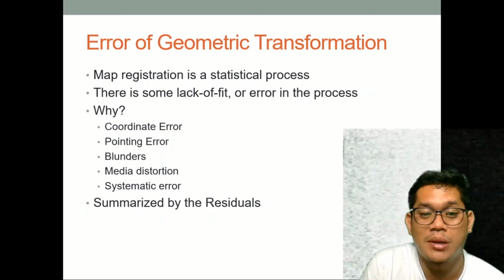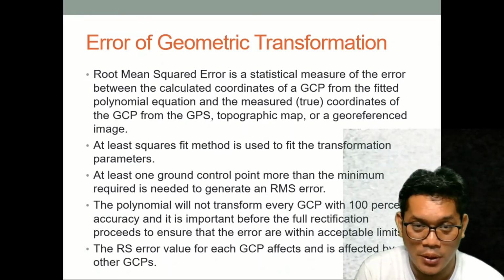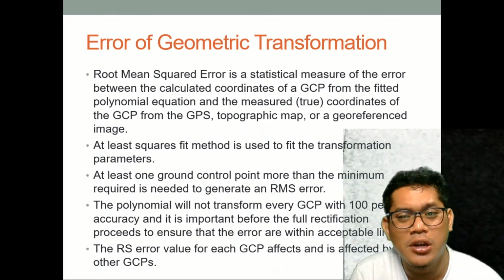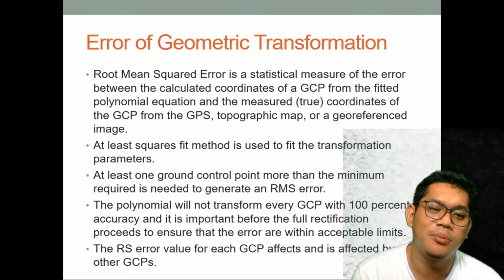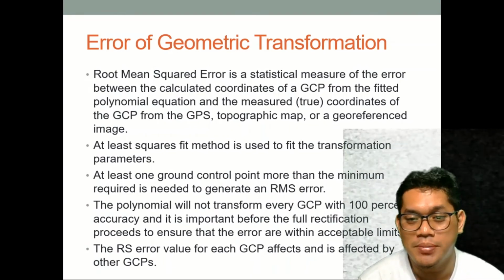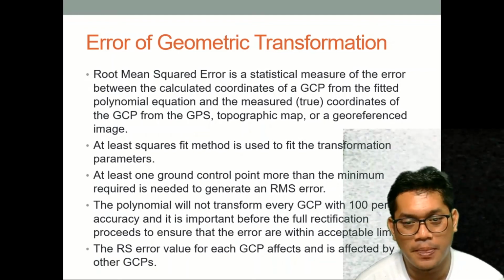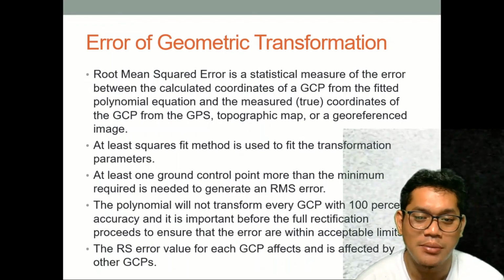And all of this will be summarized by the residuals using the root mean square error, which is a statistical measure of the error between the calculated coordinates of the GCP from the fitted polynomial equation and the measured coordinates of the GCP from the GPS or topo maps and more. And the least squares fit method is used to fit the transformation parameters.